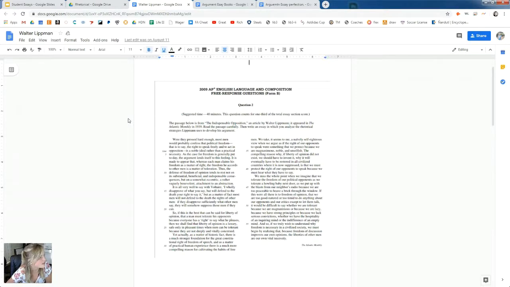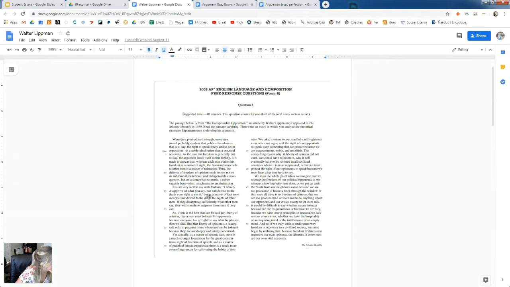It is made to appear that, whereas each man claims his freedom as a matter of right, the freedom he accords to the other men is a matter of toleration. Thus, the defense of freedom of opinion tends to rest not on its substantial, beneficial, and indispensable consequences, but on a somewhat eccentric or rather vaguely benevolent attachment to an abstraction.